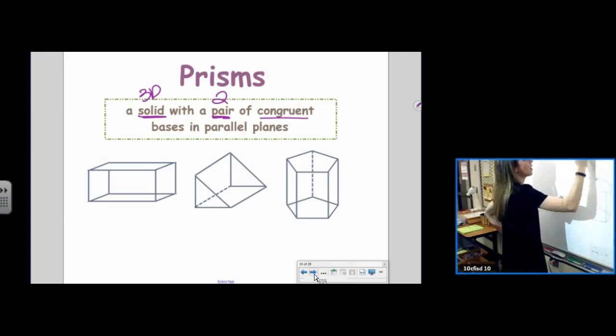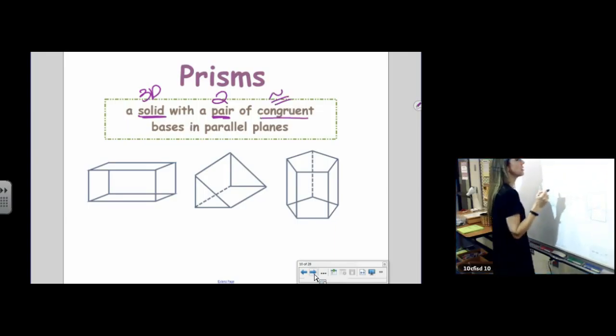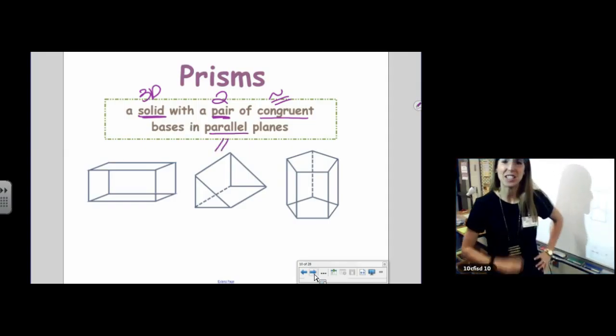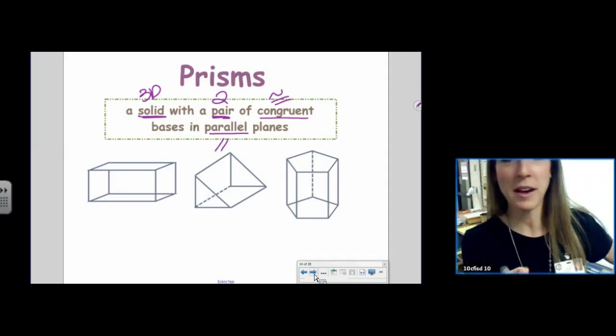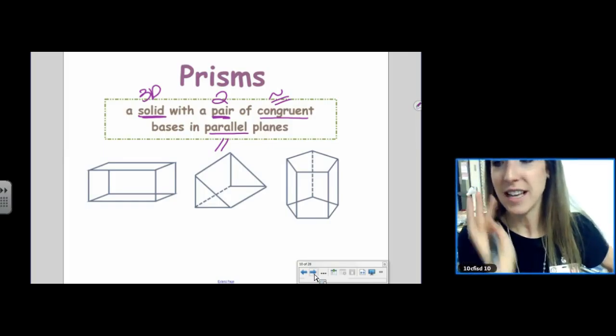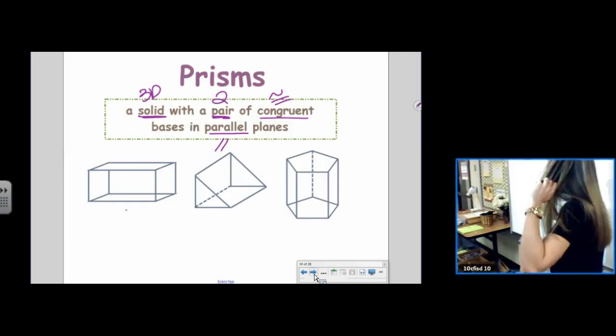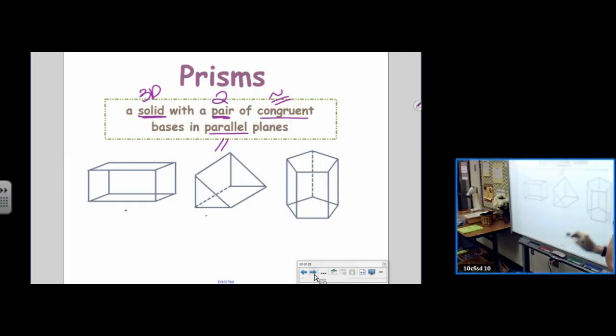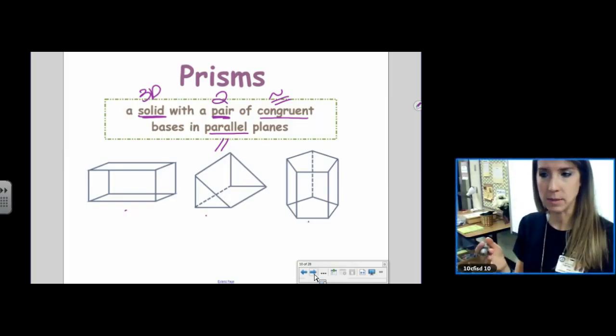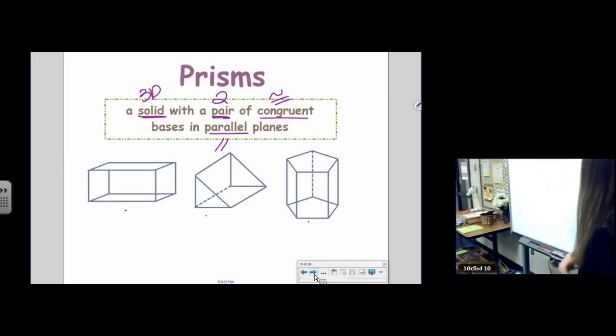The bases are, there's not just 2 of them, they're congruent. And they're in parallel planes. That's a lot of math in one definition. It's 3D, there's 2 bases, they're congruent, and they're parallel. All right, so we have a rectangular prism, a triangular prism, and a pentagonal prism. Always 2 bases, always the same size, always parallel.